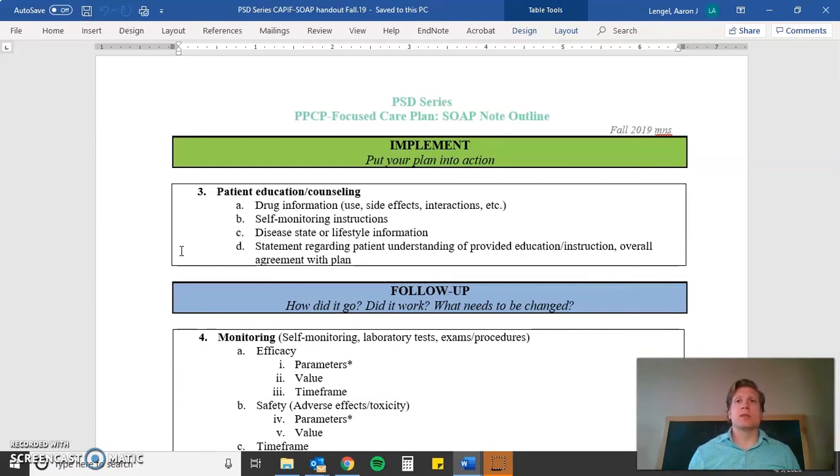You have the rubric for SOAP grading. For the rubric for the case presentation, review that before putting your presentation together. Just make sure that you're checking the boxes or have given consideration to the different areas that you're going to be assessed on. I'm very confident if you do that, the points will come along.